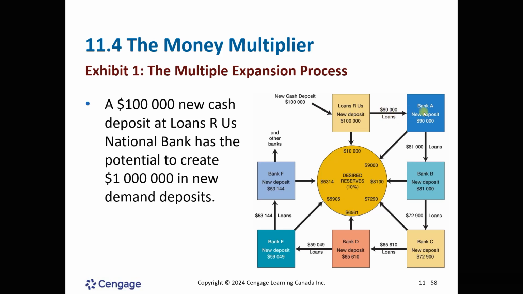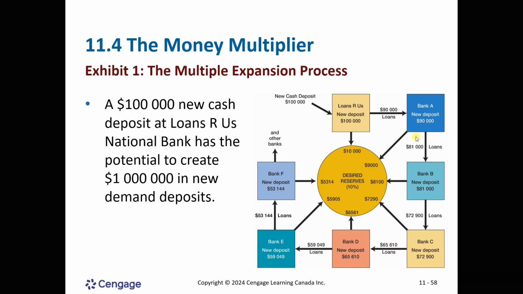If you give it out as a loan to someone and they take it to another bank, bank A, and deposit it in bank A to do a transaction, bank A is going to keep 10% of 90,000, which is 9,000, and give out 81,000 as a loan.